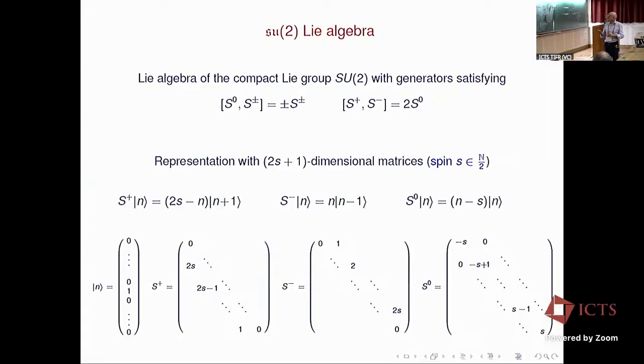This is true not only for spin 1/2, but generically for the 2s plus 1 dimensional representation.